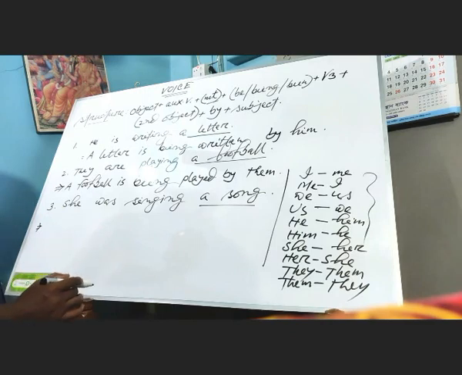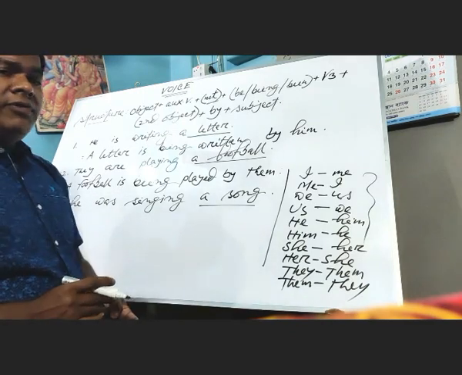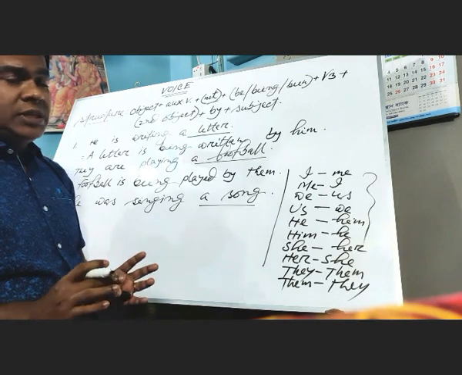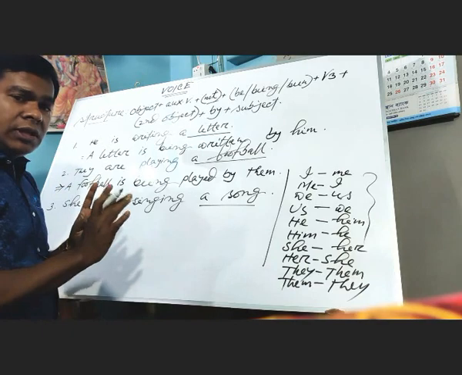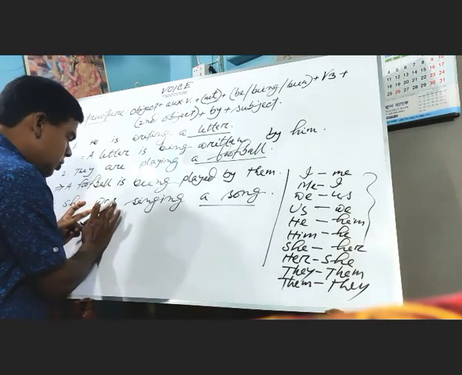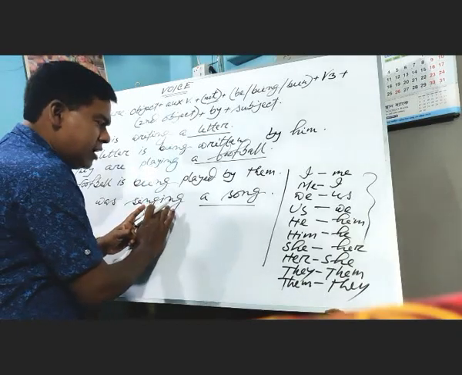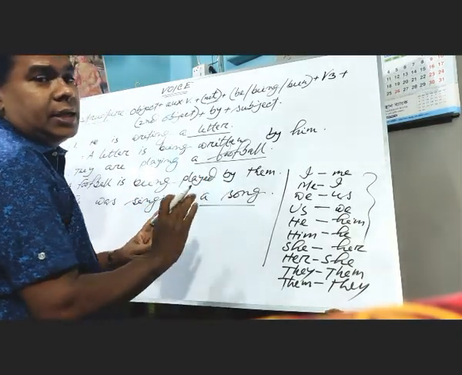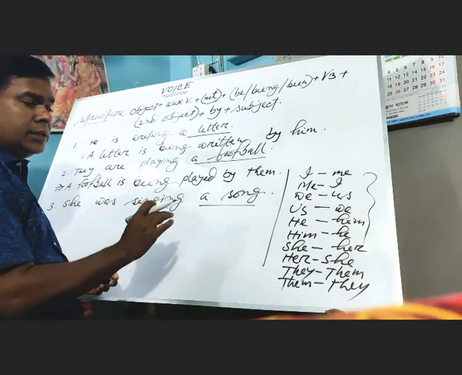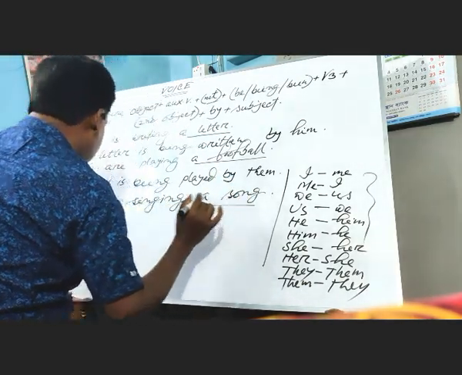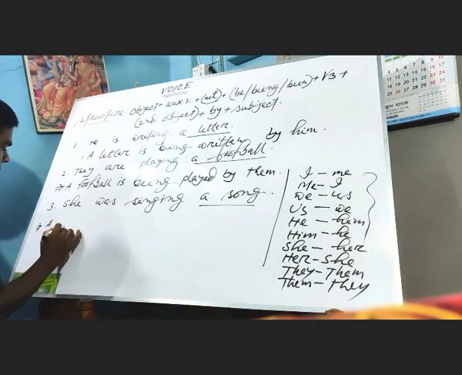Because you have said to us that after the auxiliary, the main verb is used, and after using the main verb, the object is used. And that's why this is the object. So first of all, I will pick up the object, a song.